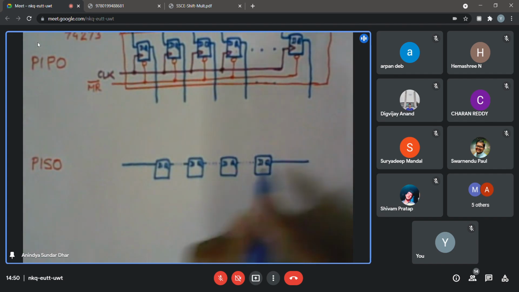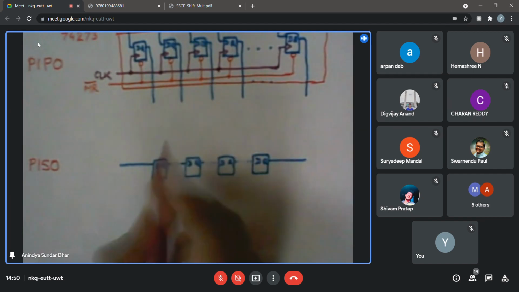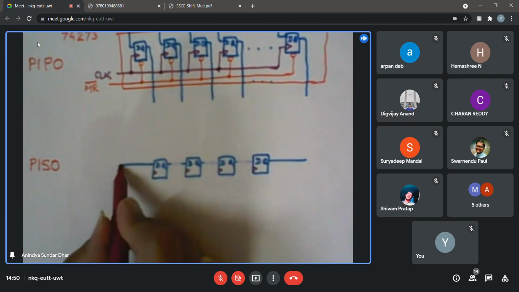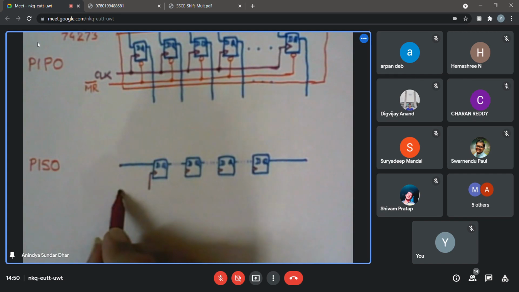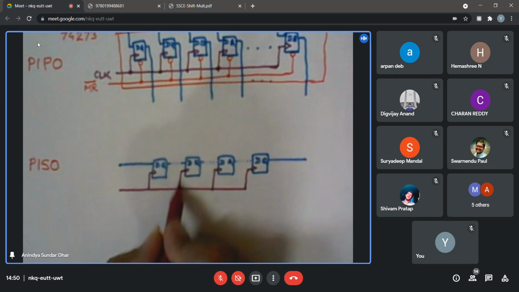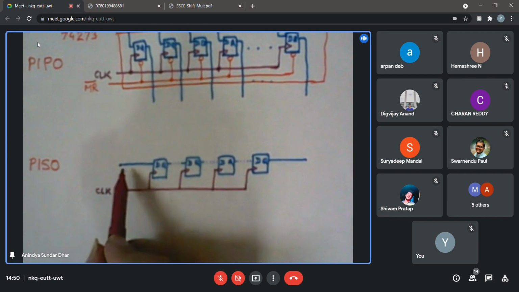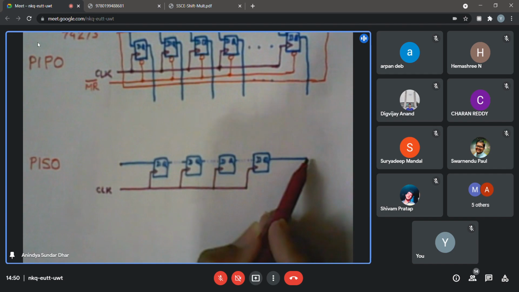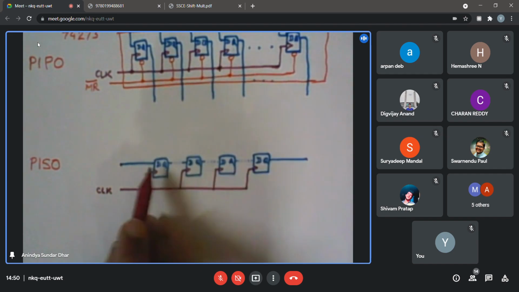Now can you tell me what will happen if there is a common clock to all of them, and I am having a single input line and a single output line from these ends? The contents will essentially ripple out one after another. Whatever I am feeding here will appear over here, but after several clock pulses, depending on the total number of flip-flops in the chain.